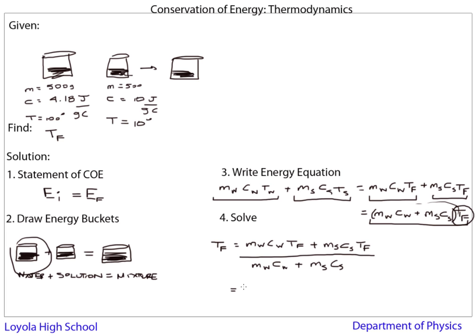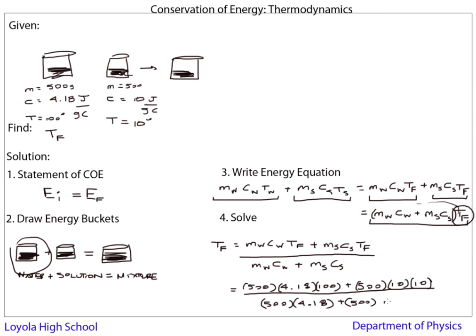So if I plug in the numbers here, I get 500 times 4.18 times 100, plus the mass of the solution, which is also 500 grams, times its specific heat, which is 10, and it's initially at 10 degrees Celsius, given those values there, and we're going to divide by 500, the mass of the water, times the specific heat of the water, 4.18, plus the mass of the solution times the specific heat of the solution.